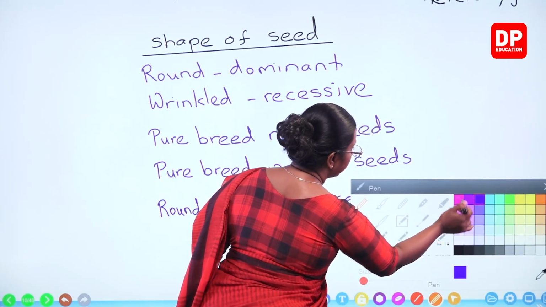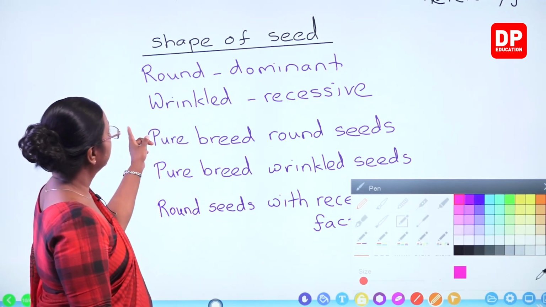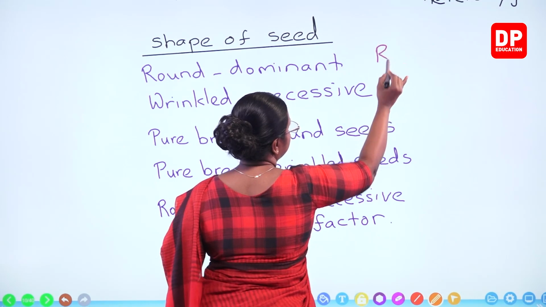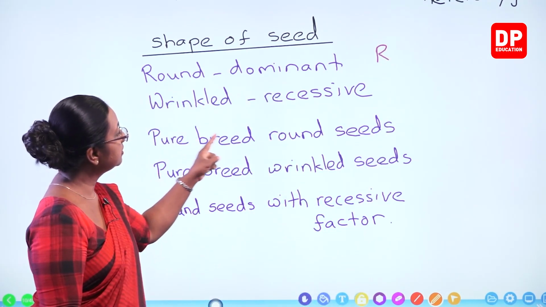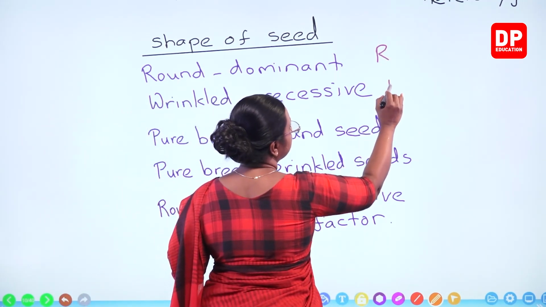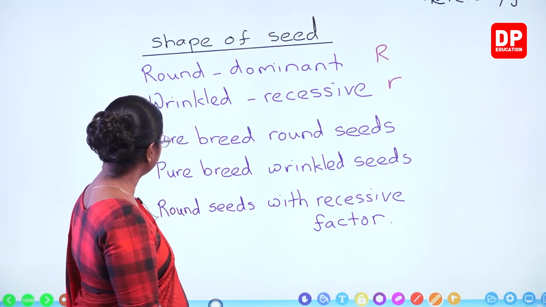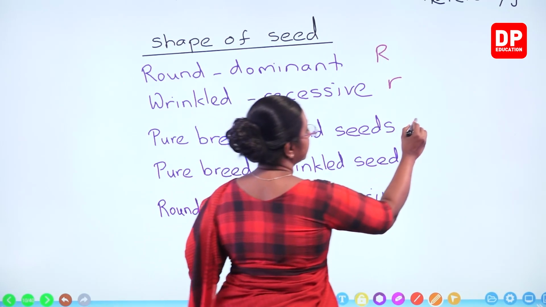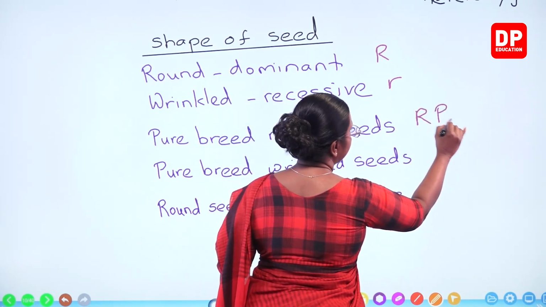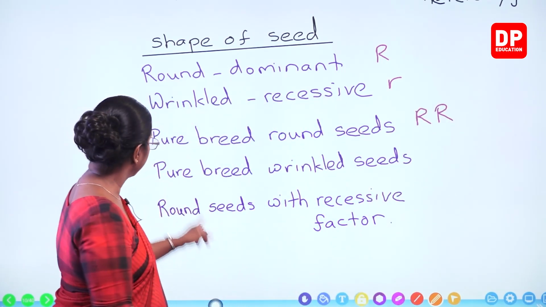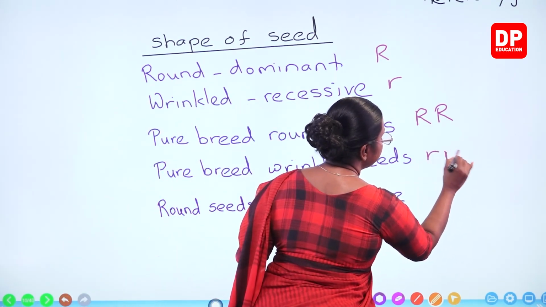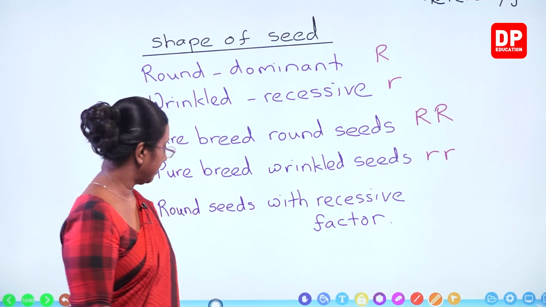So how will you write the letters? Round, dominant character, so we use capital R. Wrinkled seed, recessive character, we use the simple r. If it is pure breed plant with round seeds, it has to be both capital R, capital R. Pure breed wrinkled seeds, it will be simple r, simple r.